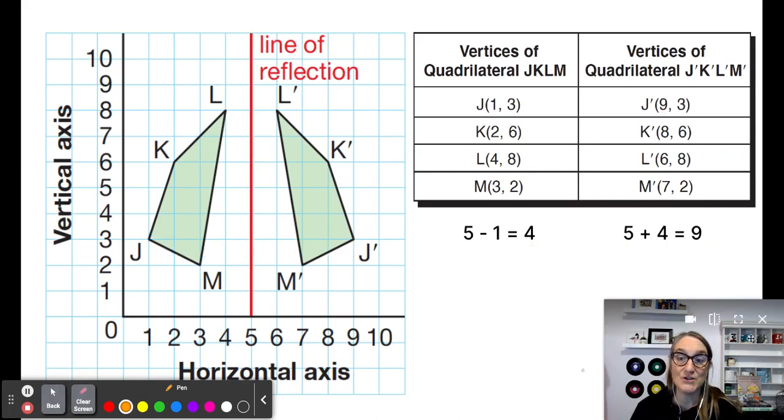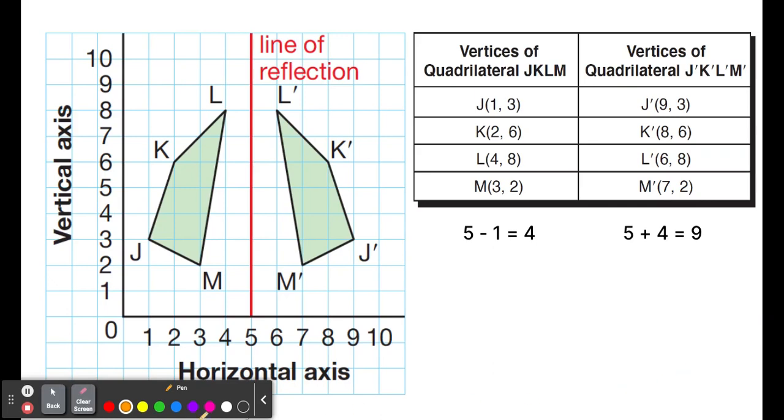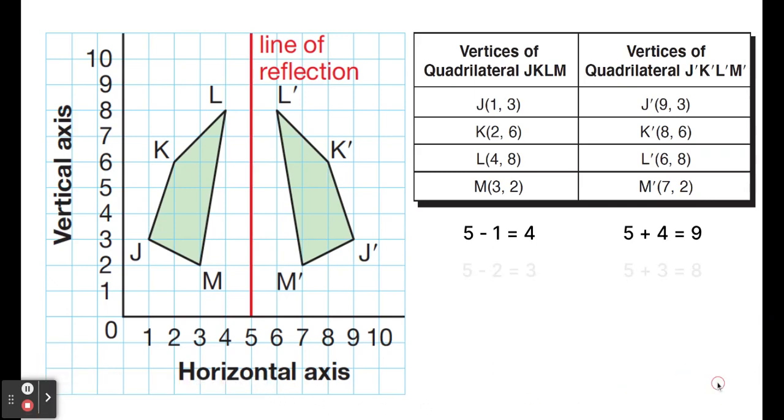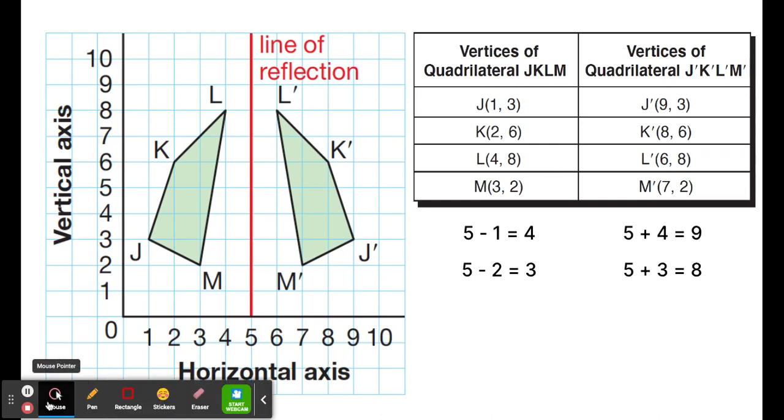All right, let's try that out with the other vertices quickly here. For K and K prime, again, our line of reflection is at 5. The x-axis value for K is 2. So 5 minus 2 gives us 3.